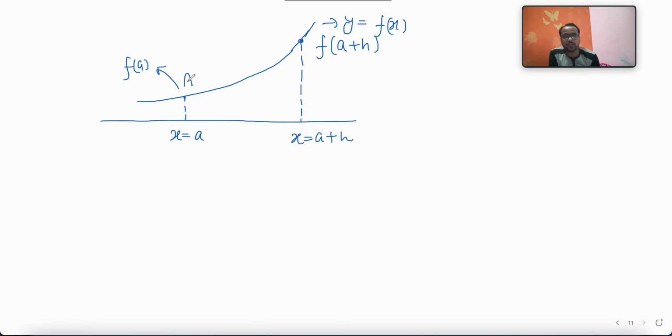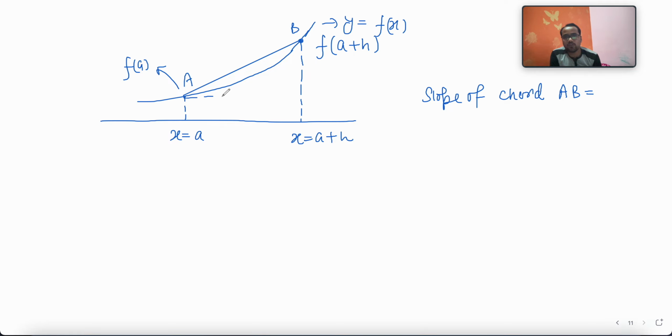Now if you take this point is A, this point is B, and if I join A to B, so what would be the slope of this chord AB? Slope of chord AB will be change in y upon change in x.